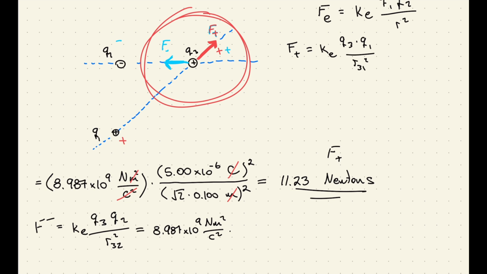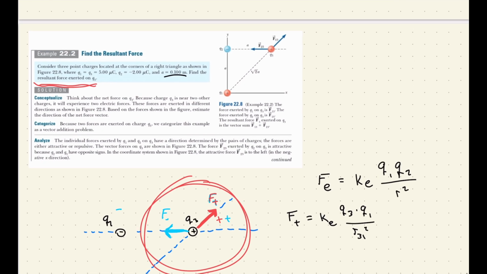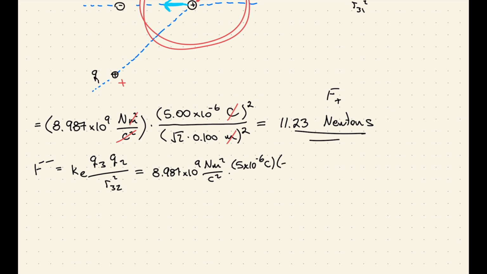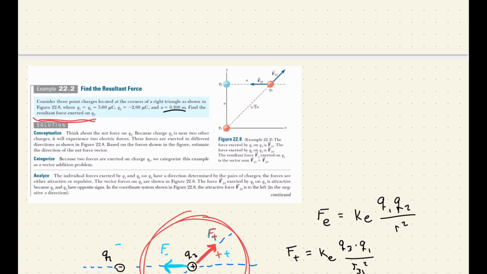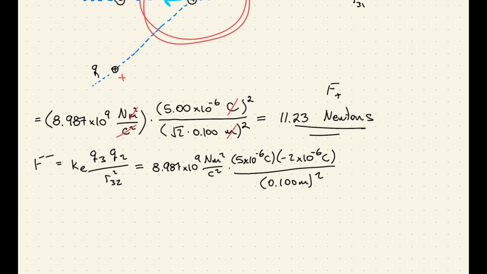Over here on the top we have Q3, which is 5 times 10 to the minus 6 coulombs. Q2 is actually a negative charge, minus 2 microcoulombs, which is times 10 to the minus 6 coulombs. On the bottom, we have another distance, which is A, 0.100 meters squared. Let's confirm that. The distance between Q3 and Q2 is A. Correct.